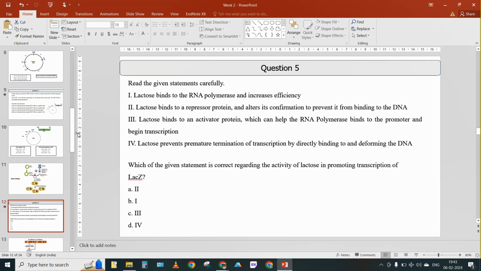Statement 3: lactose binds to an activator protein which can help the RNA polymerase bind to the promoter and begin transcription. Statement 4: lactose prevents premature termination of transcription by directly binding to and deforming the DNA. Which of the following statements is correct regarding the activity of lactose in promoting transcription of LacZ? The options are statement 2, 1, 3 or 4.